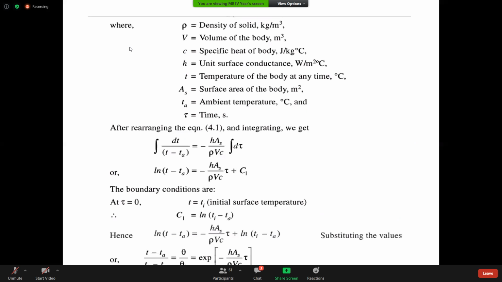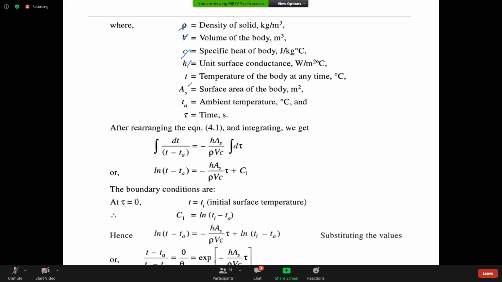This is the terminology which we can use: density, volume, Cp, h, T, everything is given here. Go through this. Tau indicates time here. In many textbooks, you will see it taken differently, with capital T for temperature and small t for time, but here tau is considered as the time. So don't worry about it.